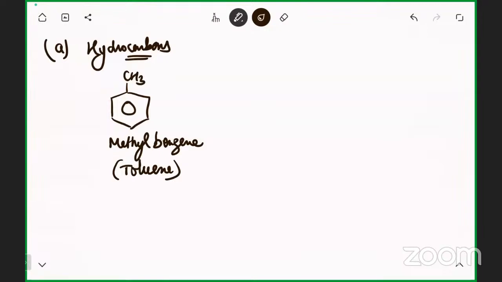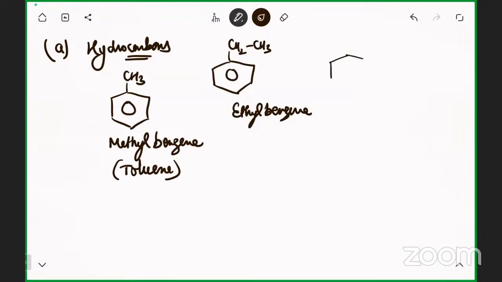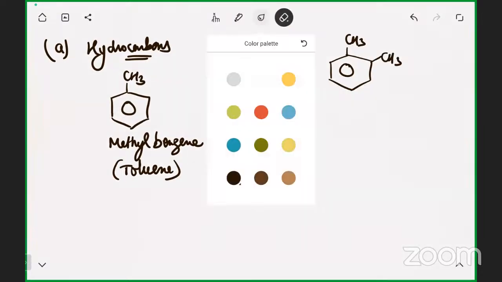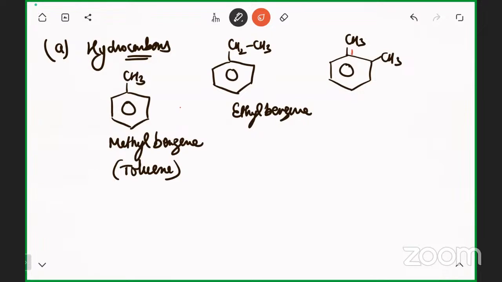If benzene has CH2CH3, two carbons, then it is known as ethyl benzene. We don't have any common name here. If there is one CH3 here and one CH3 here, how will you do the naming? You'll number the positions 1 and 2, first and second position, so 1,2-dimethyl benzene. Clear?